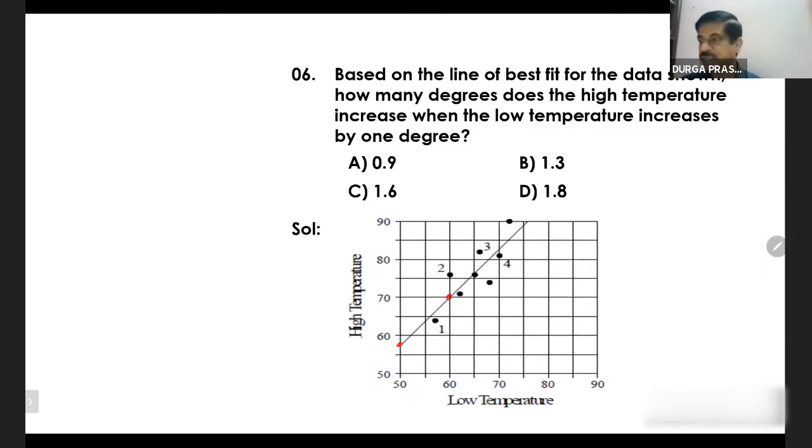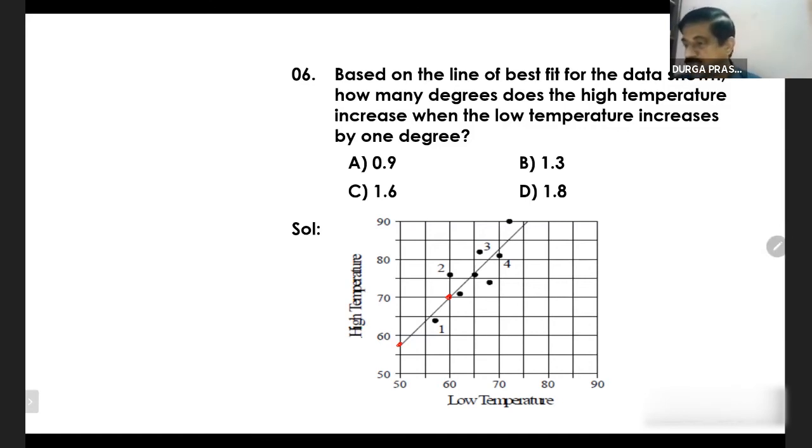So if you take a ratio of 13 with 10, you get the increase for 10 degrees of low temperature, but you want it for 1 degree, so divide by 10.